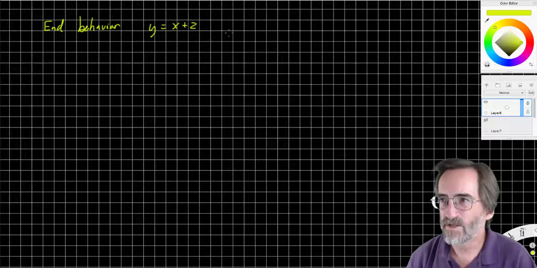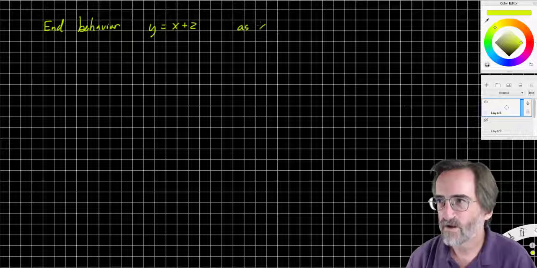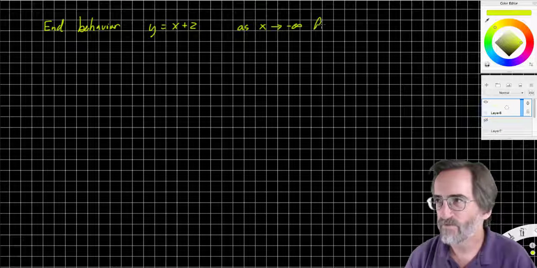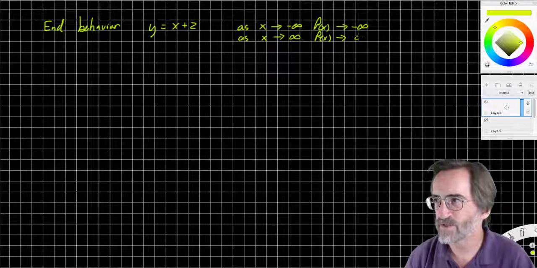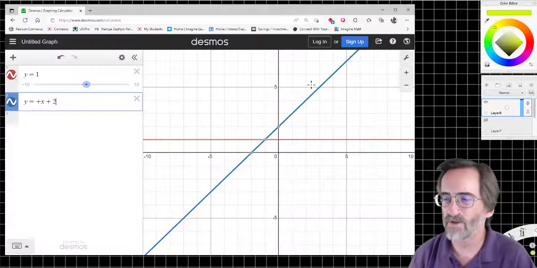So as x goes to negative infinity, f of x, or y, goes to negative infinity. As x goes to positive infinity, as x goes off to the right, f of x goes off to positive infinity. It goes up indefinitely.